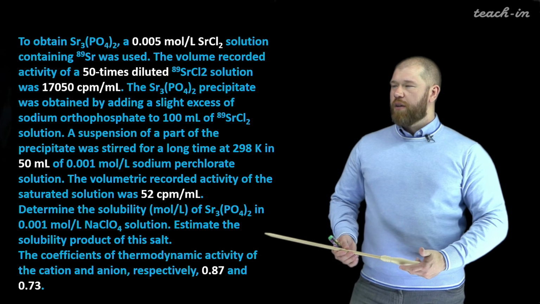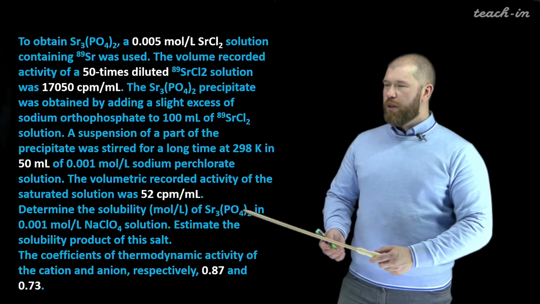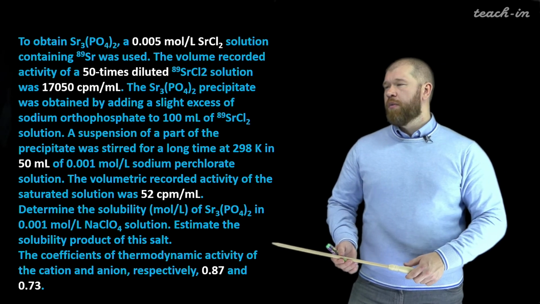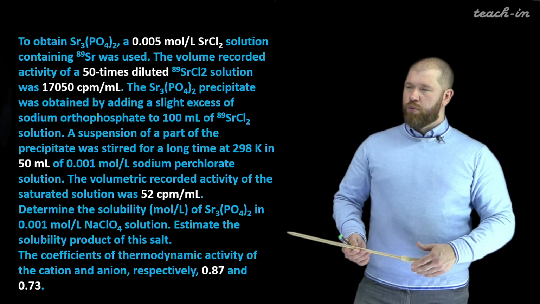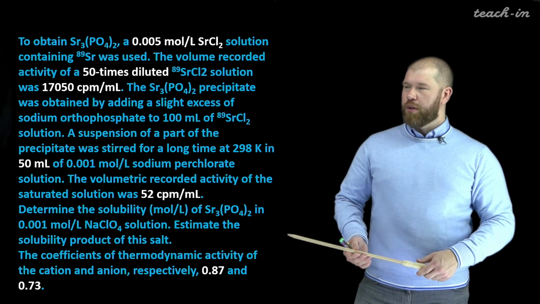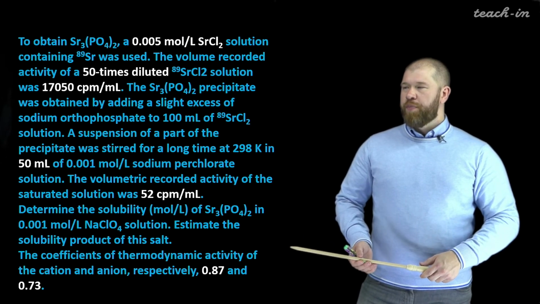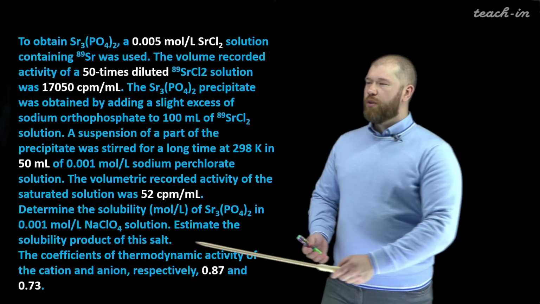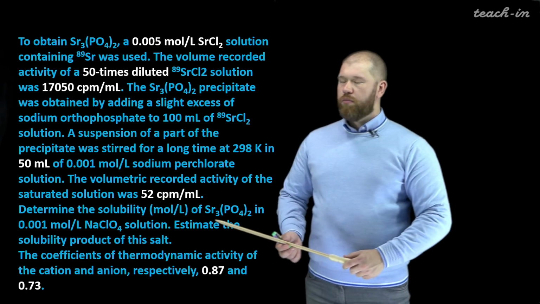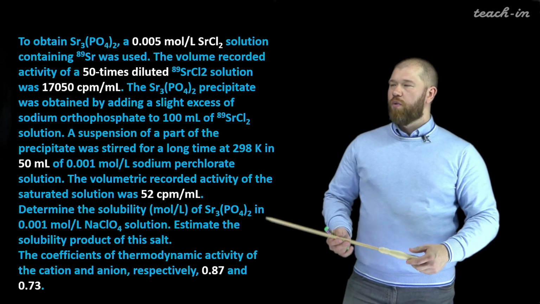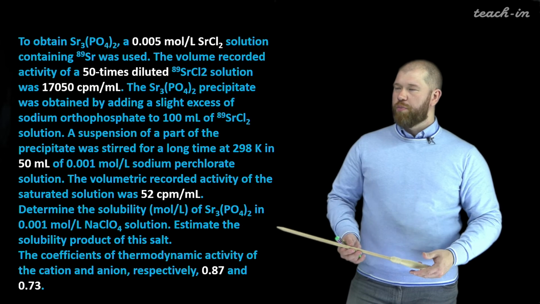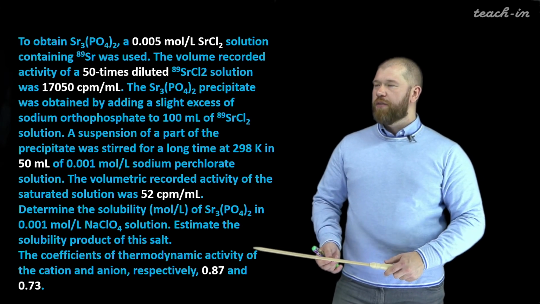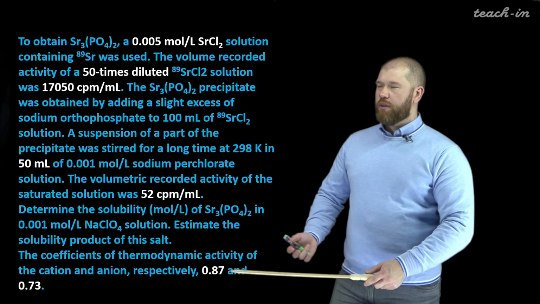Thus, we have to determine first the solubility of strontium phosphate in units of mole per liter, and then calculate the solubility product of this salt. And we will see that as far as we know the concentration of the background electrolyte of sodium perchlorate, we can calculate the thermodynamic activity coefficients, and it's already done.